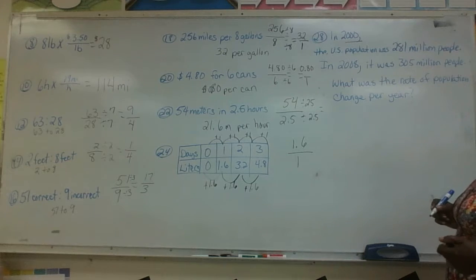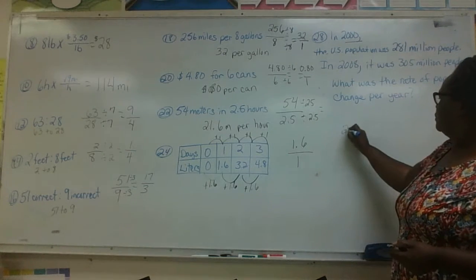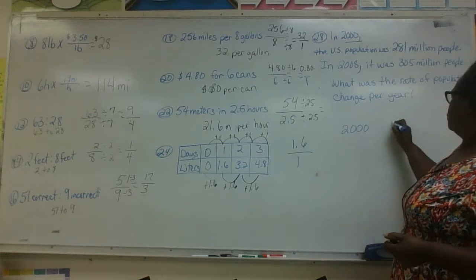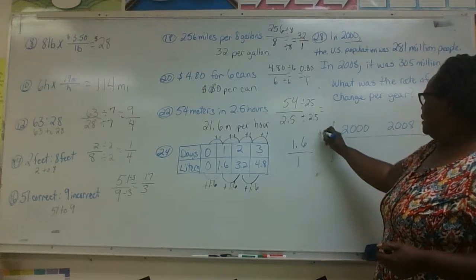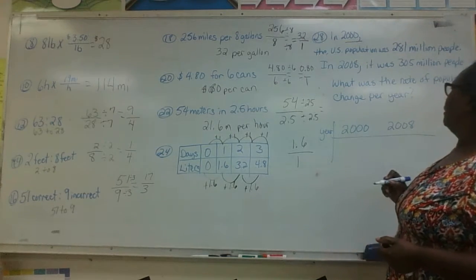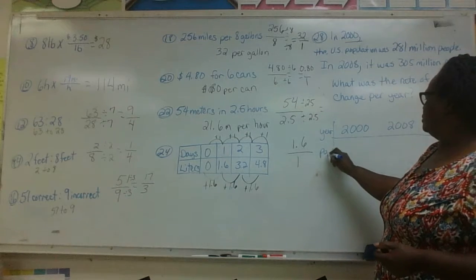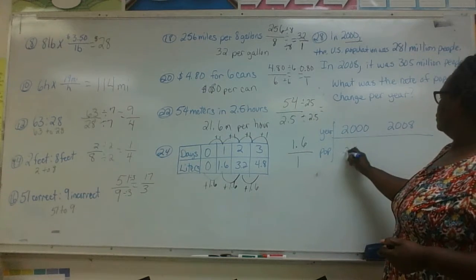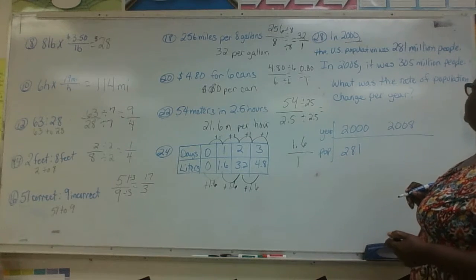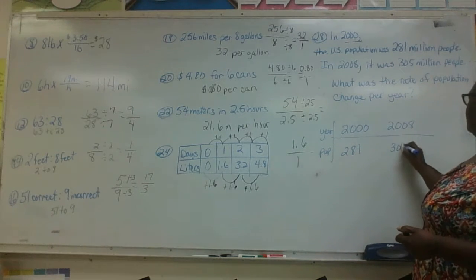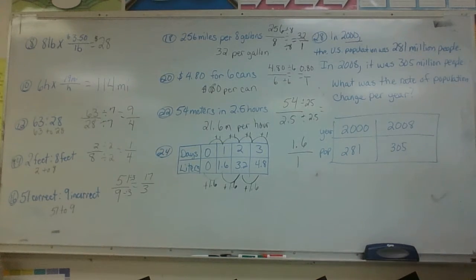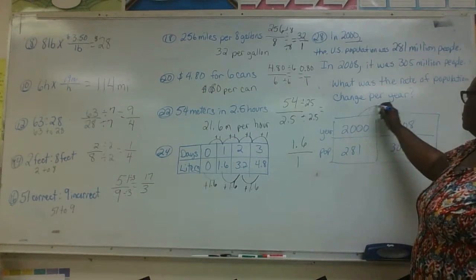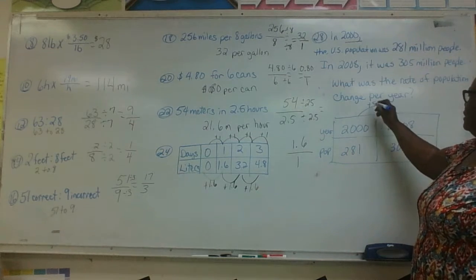Okay? And so what we discover is we go from 2000 to 2008. That's the year. And then the population in 2000 was 281 million, and in 2008 it was 305 million. All right. So our rate of change from 2000 to 2008 was 8 years.